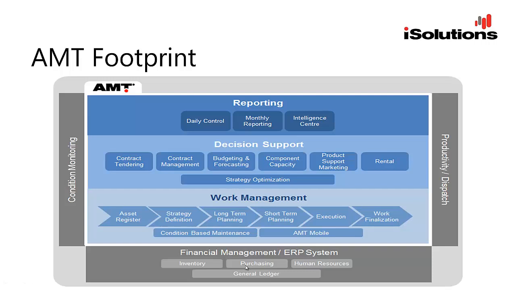We're not trying to compete with SAP. So AMT doesn't have inventory functionality. It doesn't have purchasing. It's not an HR or payroll system. It doesn't have a general ledger. We are very focused on equipment management and being able to bolt into SAP. So SAP is the transactional system. AMT doesn't really do anything that's going to impact transactions and how they're captured within SAP. But we do want to integrate to SAP, and we'll talk about that integration in a few slides.